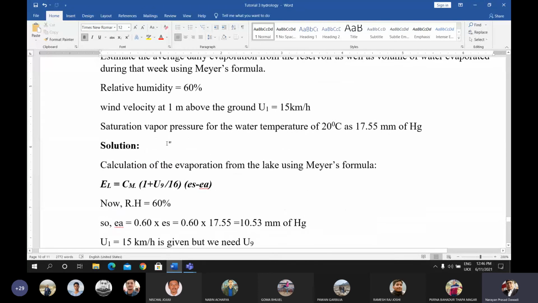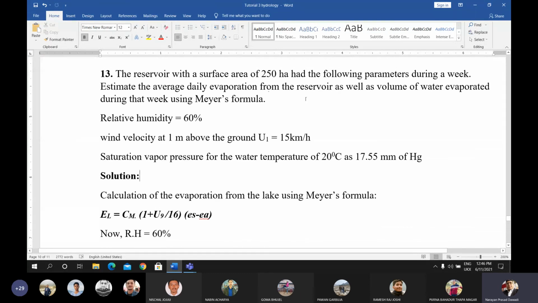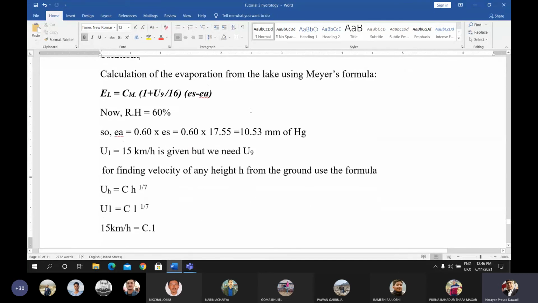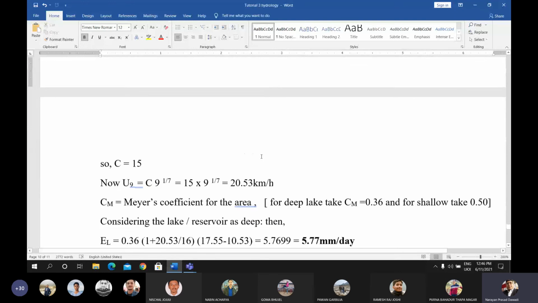The coefficient for the reservoir is given here. For a deep reservoir, the coefficient may be taken as 0.36. For a shallow reservoir, the coefficient may be taken as 0.50. I am considering this lake, this reservoir, as shallow here, and the velocity is calculated.